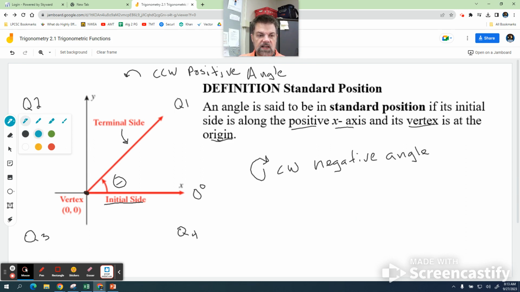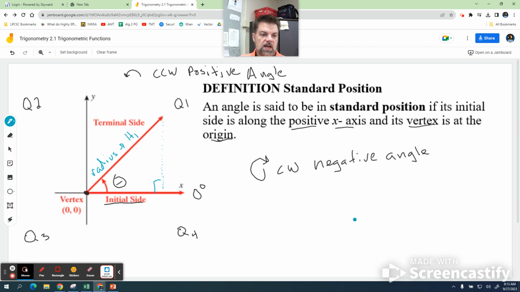Now, consequently, if I drop a line straight down, what does it form? A right triangle. Here's the thing. This is the radius of a circle, which is also what? It is also the hypotenuse.